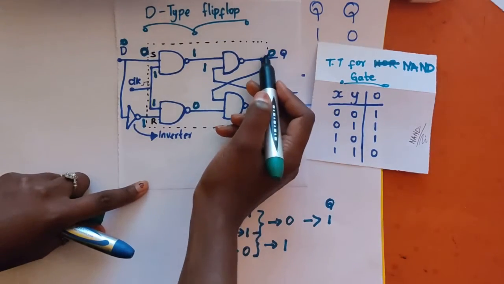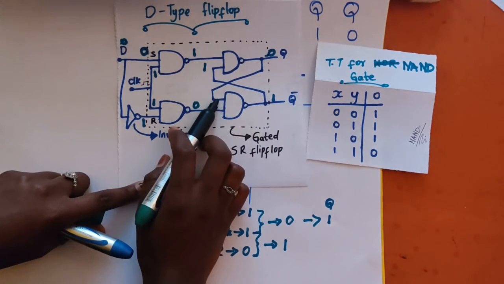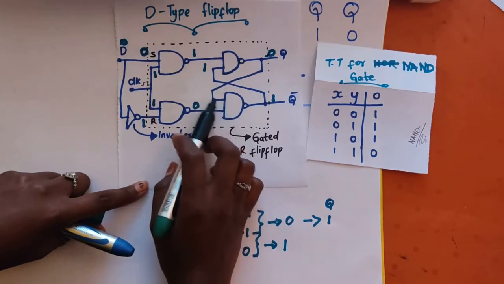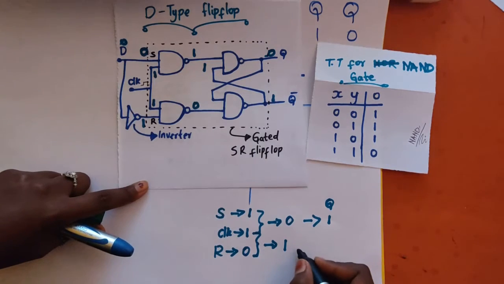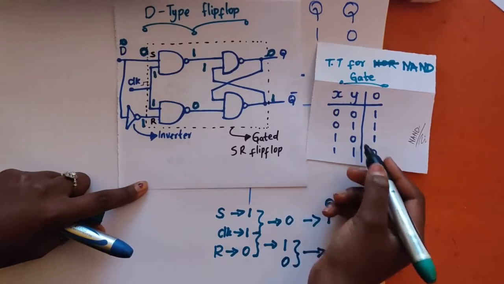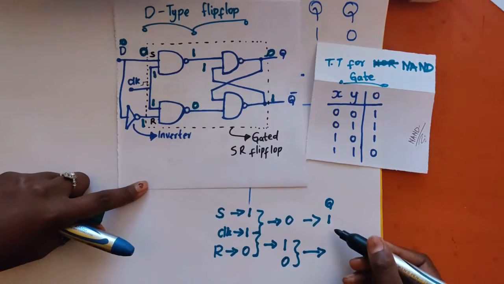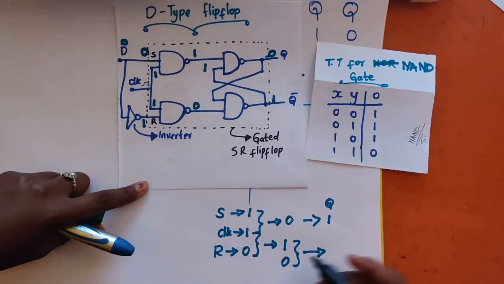And since we know Q, even though we didn't know before, now we know the output of this side. Q is the input to this other NAND gate. So therefore, we have this is 1 and 0... wait a minute. Oh, sorry, the output is 1.